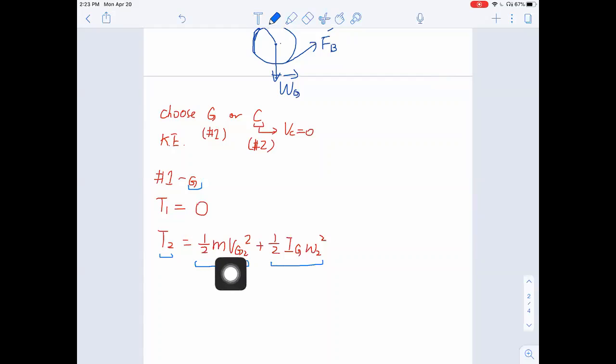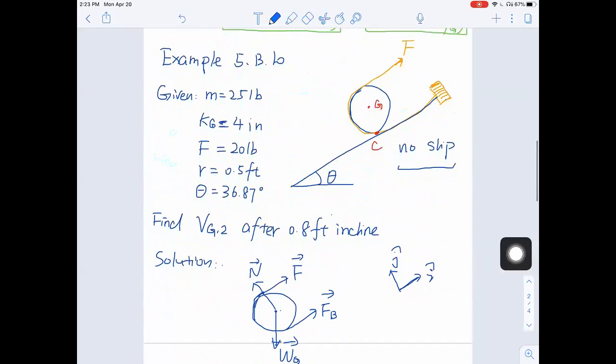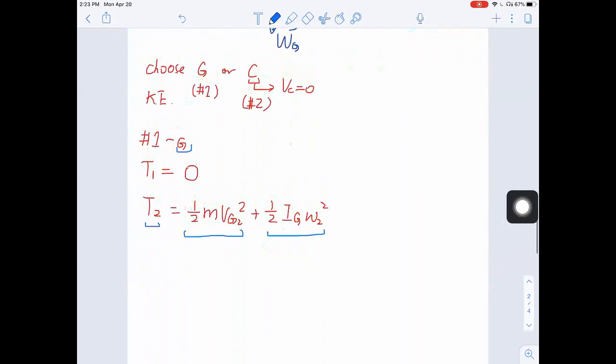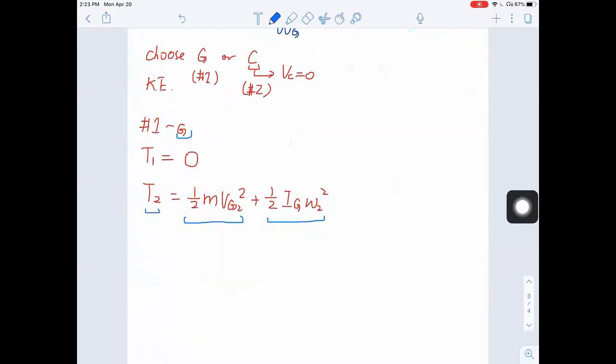We know mass, we don't know Vg2. Here, the Ig is not given directly, but we do know the radius of gyration, which is 4 inches. And that pretty much tells us what Ig is.